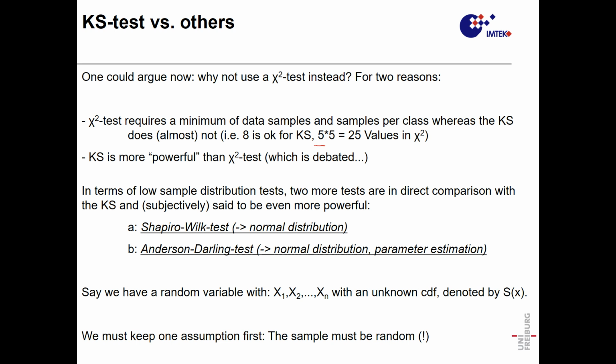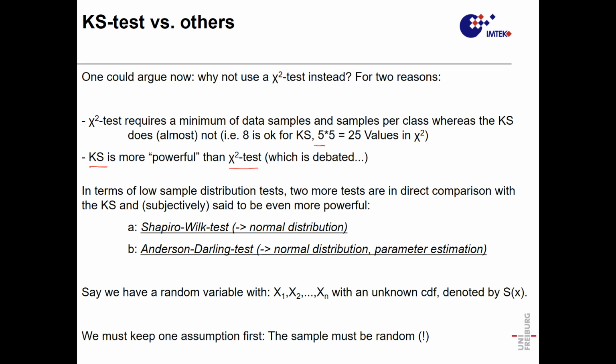Sometimes real data is scarce, so you might need another test that doesn't require so much data. Some people say the Kolmogorov-Smirnov test is more powerful than the chi-square test, but this is still in debate.